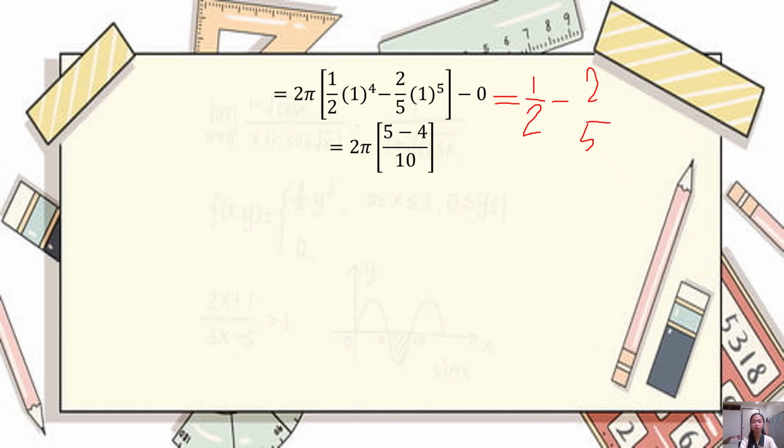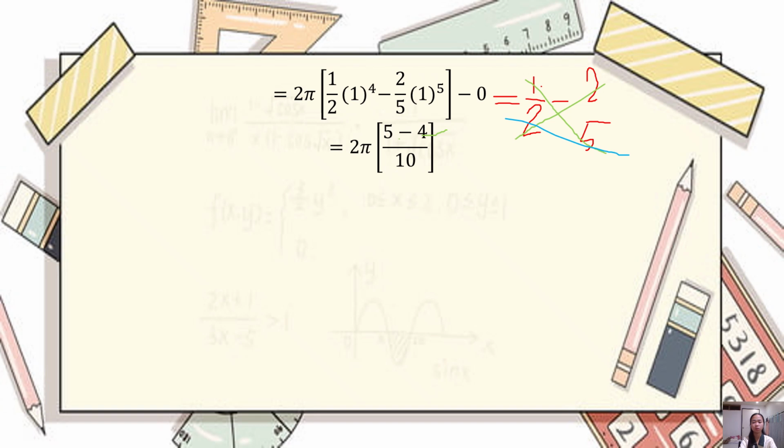If you are confused why we have here 5, it is because of cross multiplication: 1 times 5 is 5, and 2 times 2 is 4. And then let's multiply the denominators, which is 2 times 5 is equal to 10.